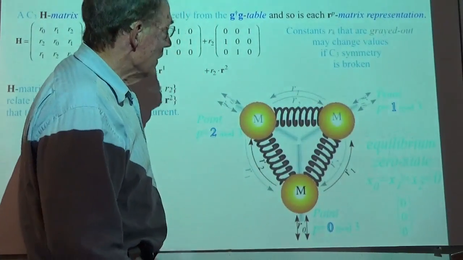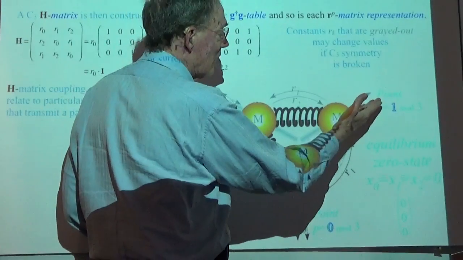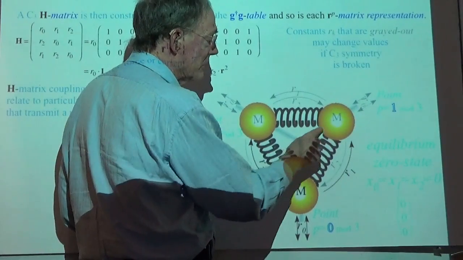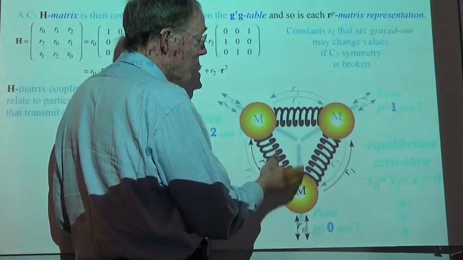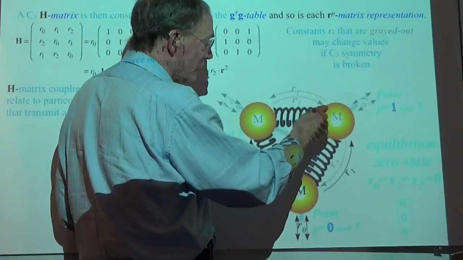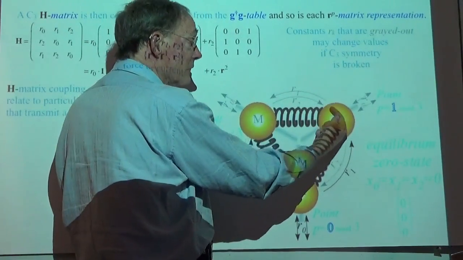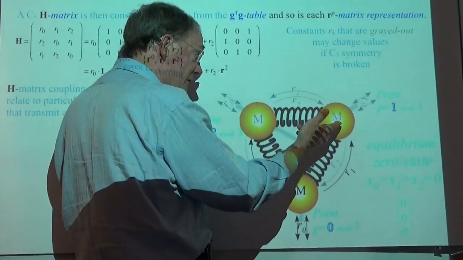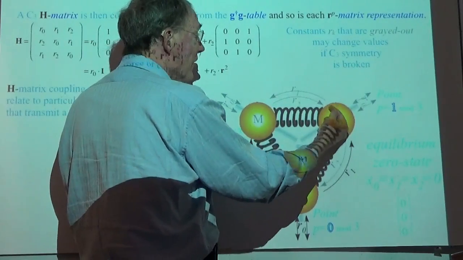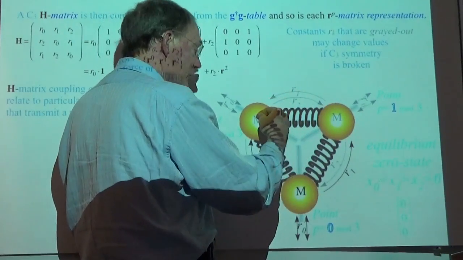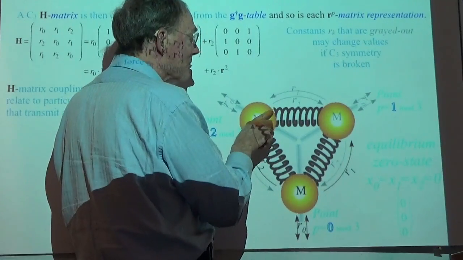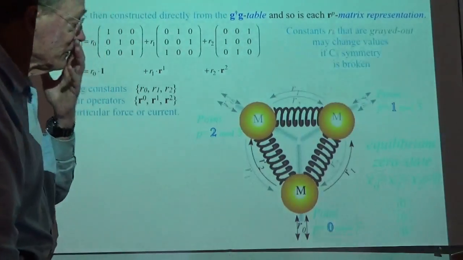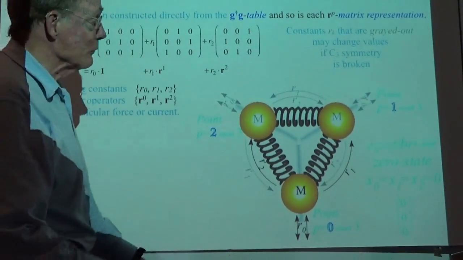So if I were to take this R0 and make it a little bit larger, or maybe this one right here, I could have a spring attached here that I didn't attach to the others, or I could make this R1 and R2 the coupling constants, and we're going to distinguish between the effect of this one on this one and the effect vice versa. You see, we'll have an arrow indicating that this one is affecting that one, and then another R for going backwards. So that's something that comes with what's called the gauge.